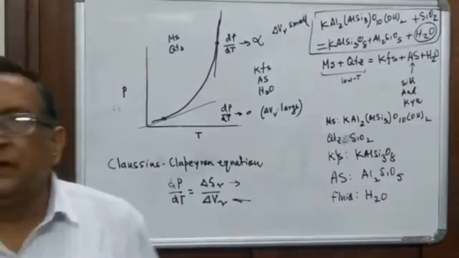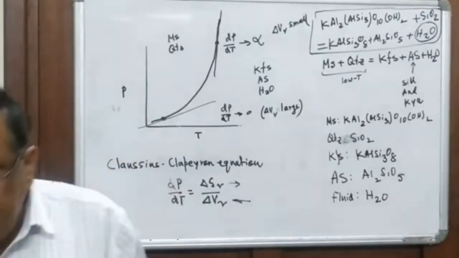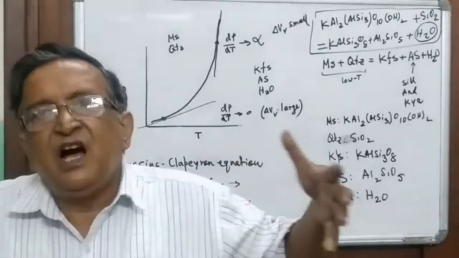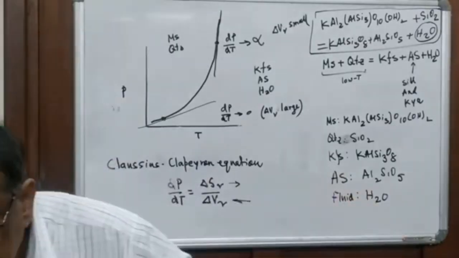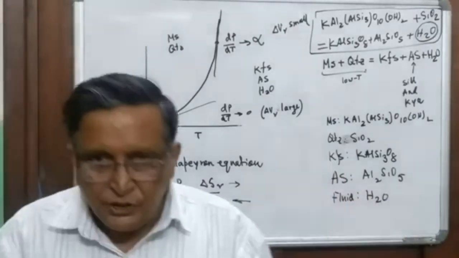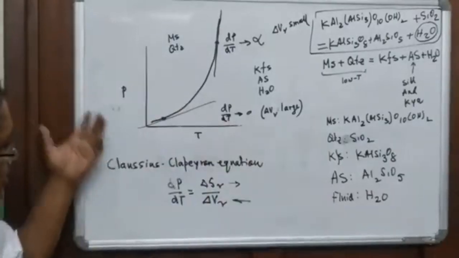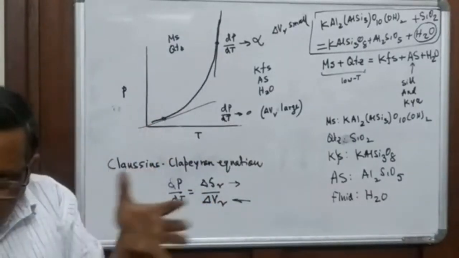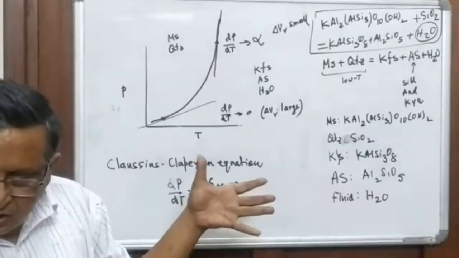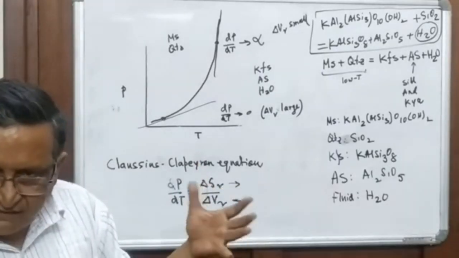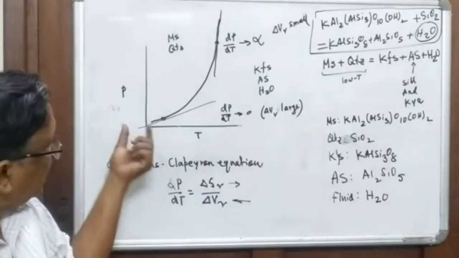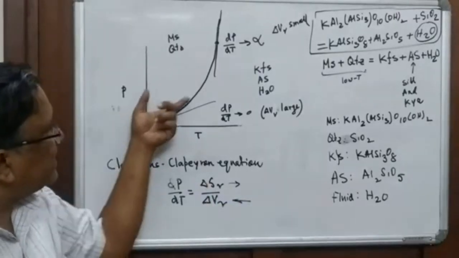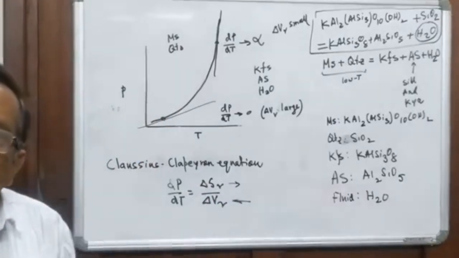But if your pressure is very low, then the delta VR is large. Do you understand? So in this type of reaction, since H2O is highly compressible, delta VR is very large at low pressure, so the reaction slopes are gentle.